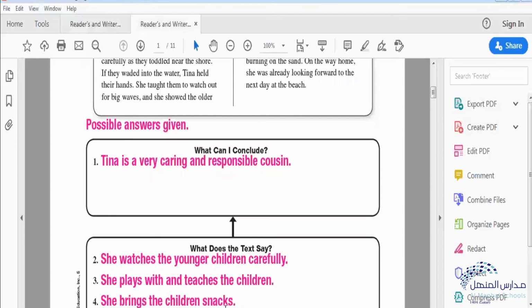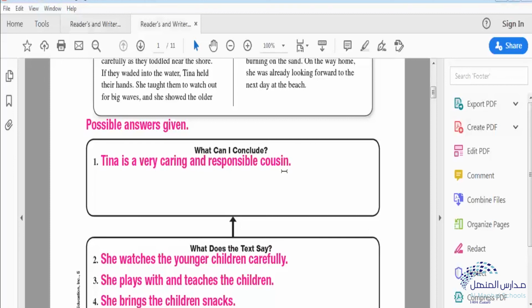And what we already know is that the toddlers, the young kids, need to be watched. And I also know that the beaches can be dangerous for younger children. So what conclusion can we draw from everything here, based on the evidence from the text and what I already know? We can conclude that Tina, from all she did, is a very caring and responsible cousin.